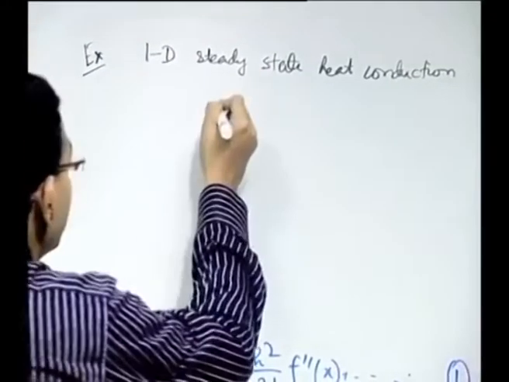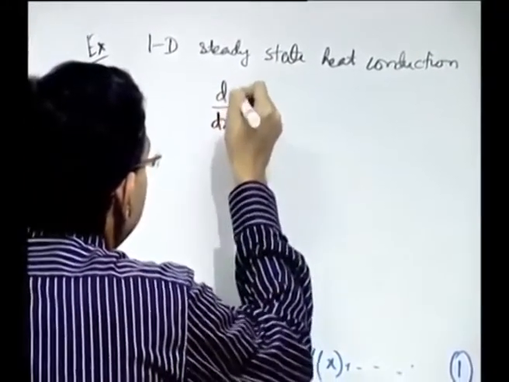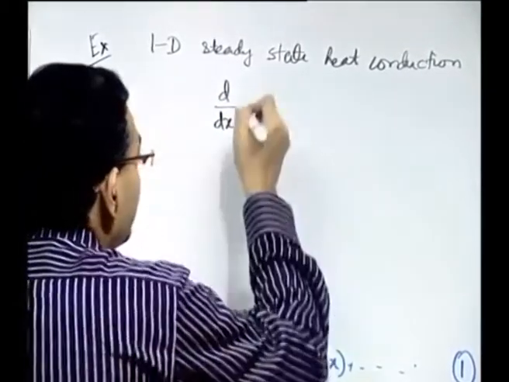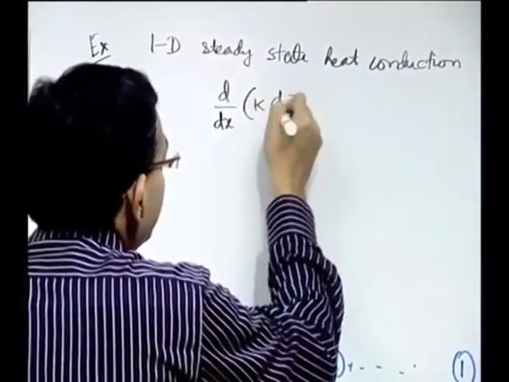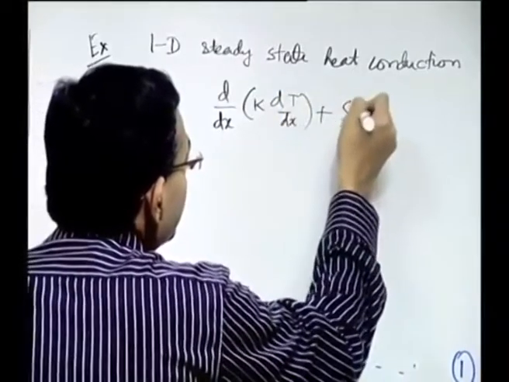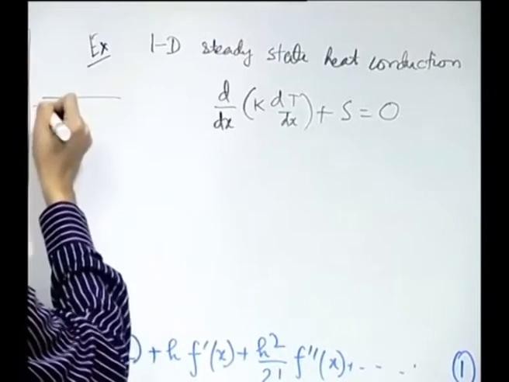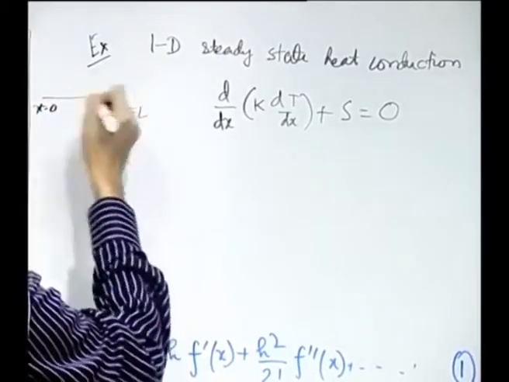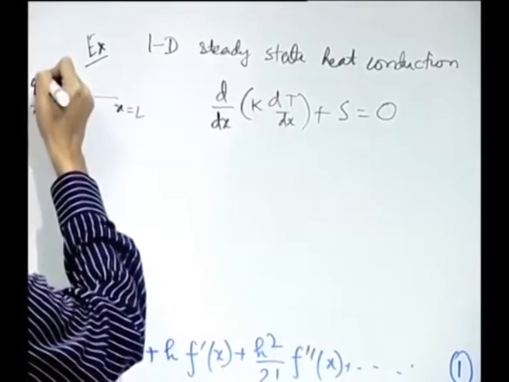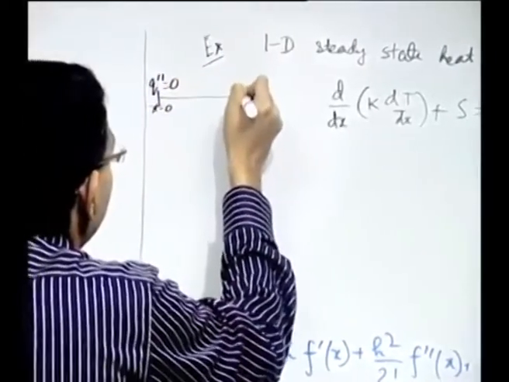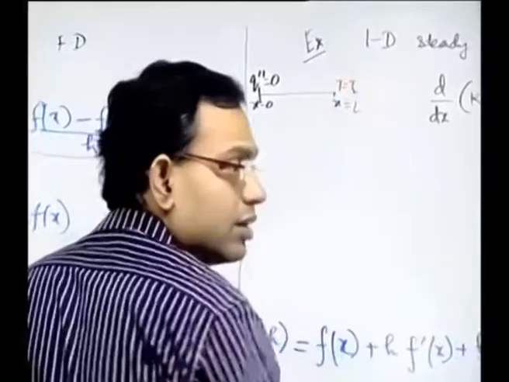So we take the same problem which we considered for illustrating the finite elements method, that is d dx of k dT dx plus s equal to 0, and we considered k to be constant for the particular example that we chose. For the boundary conditions, we considered a rod from x equal to 0 to x equal to L. At x equal to 0 it is insulated, and at x equal to L it is given temperature.